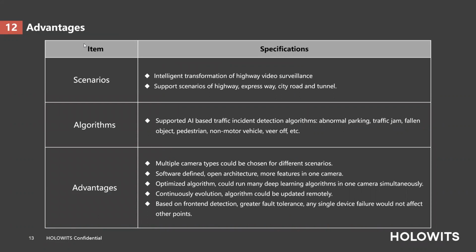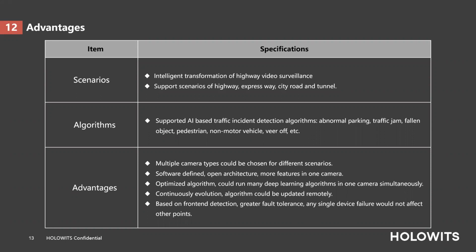So these are the advantages of our ATID algorithms. For scenarios, we support incident detection in video surveillance of highways, expressways, city roads, or tunnels. Also, we support AI-based traffic incident detection algorithms, with the functions we mentioned before: abnormal parking, traffic jam, fallen object, pedestrian, non-motor vehicles, and veer off.